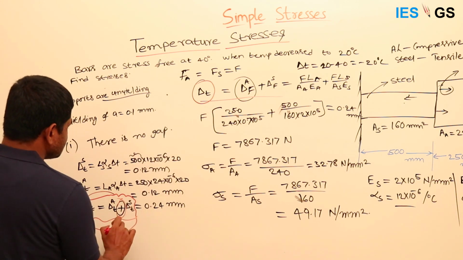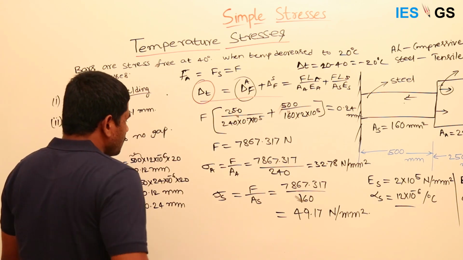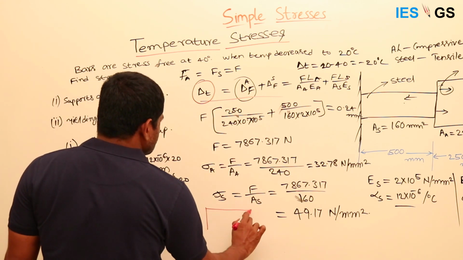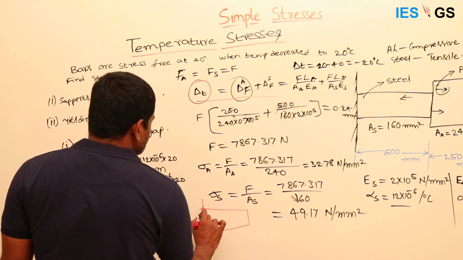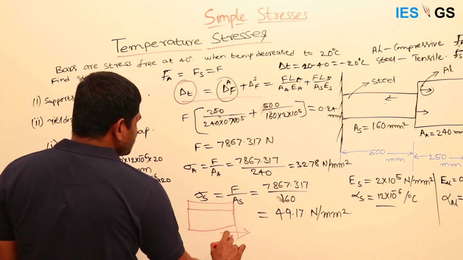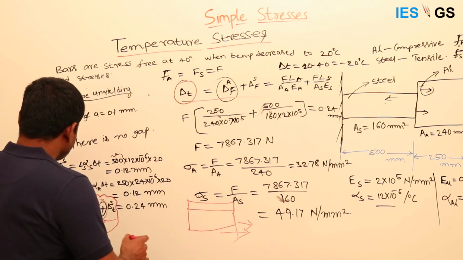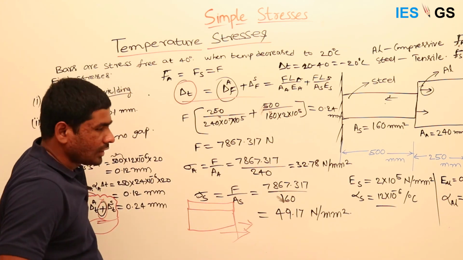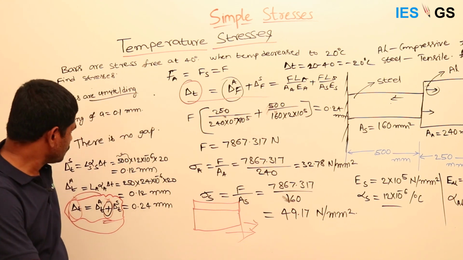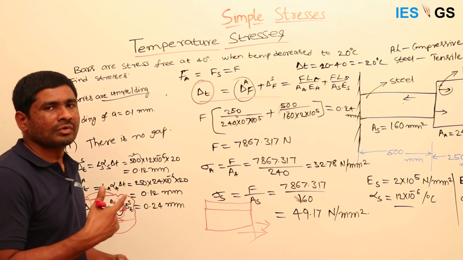Because when we derived this formula, it had a minus, for composite bars which are attached to one another like this, where the compression or expansion is in the same direction, so the total elongation due to the temperature is subtracting from each other.